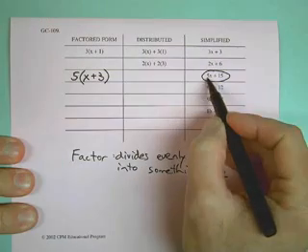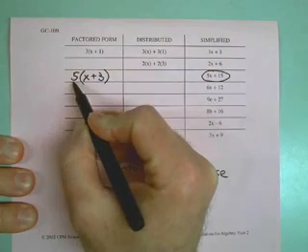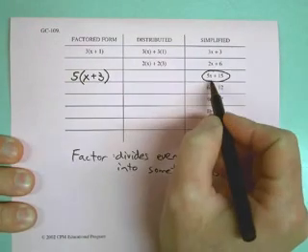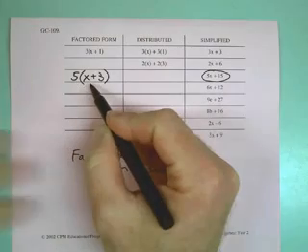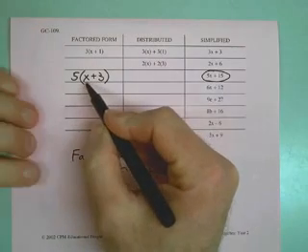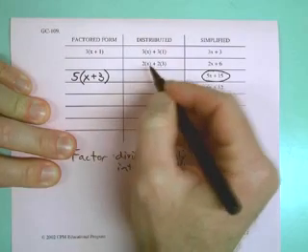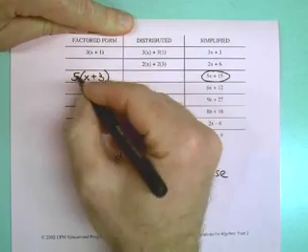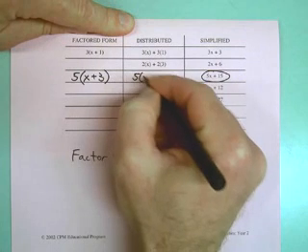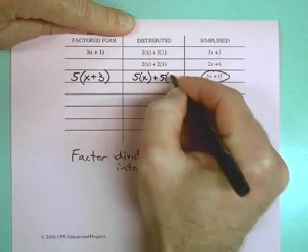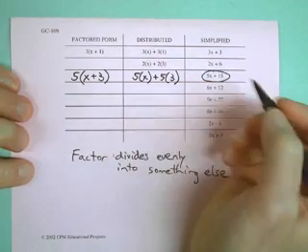We've pulled out the 5 as the factor, and each thing that is multiplied by to end up in simplified form, that's what goes inside the parentheses. Once we have factored form, distributed form is easy because we just show the distribution. In other words, 5 is being multiplied by x, and 5 is being multiplied by 3.